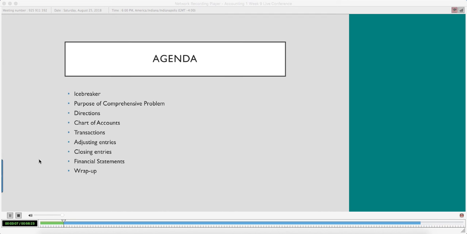We're going to go over the purpose of the comprehensive problem. Why do we have students do the comprehensive problems? Do a quick rundown of directions. Go over the chart of accounts, which has been with pretty much every assignment that you guys have had to work on. We're going to go over some of the transactions that students miss quarter after quarter.